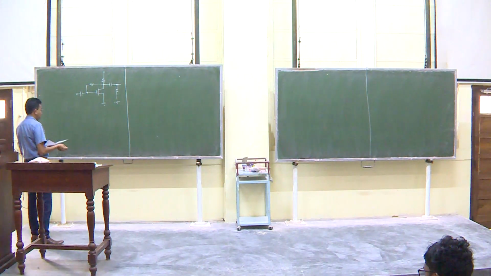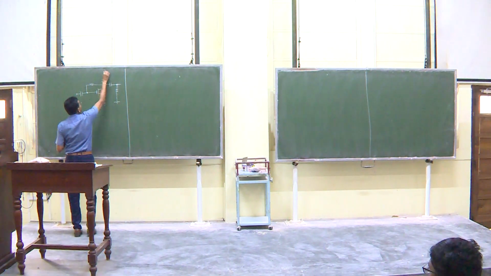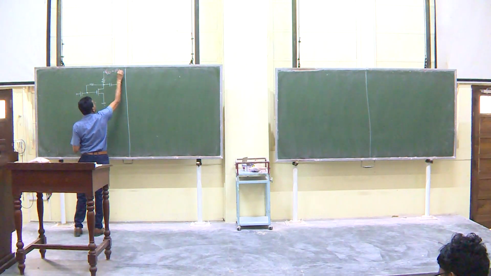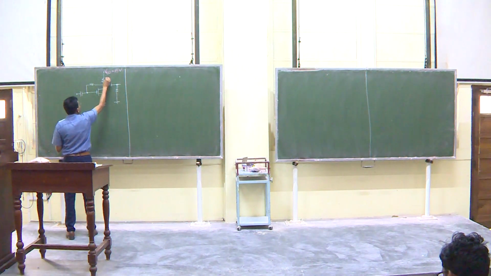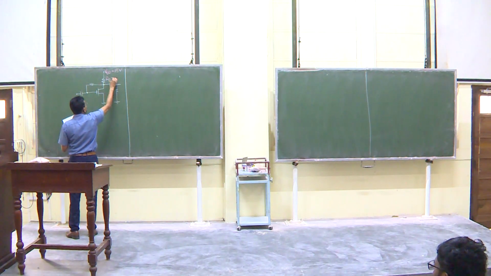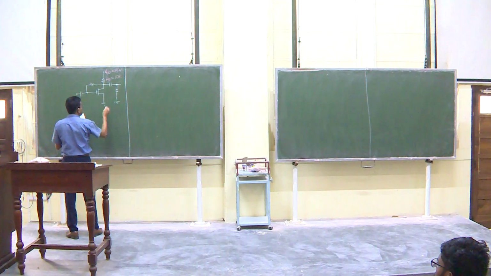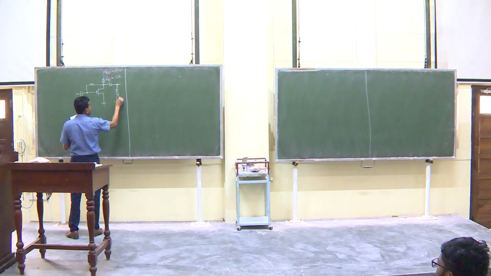The voltage VDD is 15 volts, RD is 10K, and the load resistor RL is also 10K.